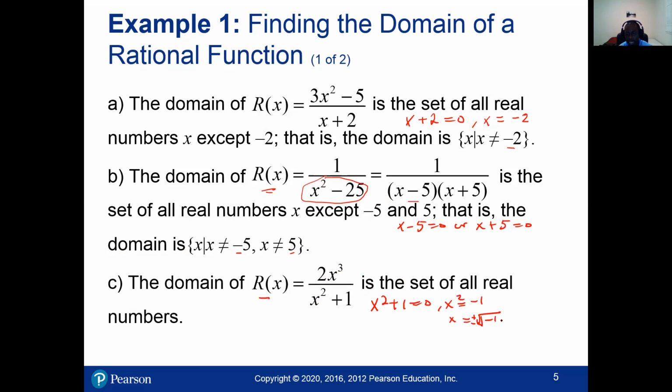But you realize that it is not a real number. So there is no x value such that the denominator will go to 0. Therefore, the domain of this rational function is all real numbers. In interval notation, that's negative infinity to positive infinity.